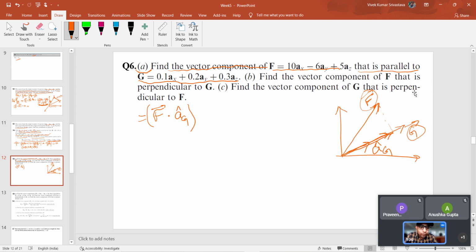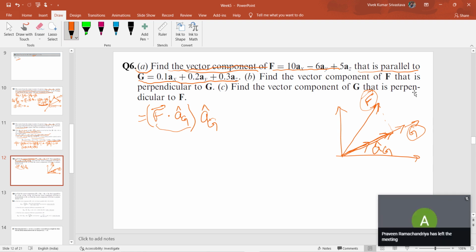But here you have to find out the vector component, so you have to multiply by the unit vector with this component here. That's how you can find out the vector component of f that is parallel to the another vector g.